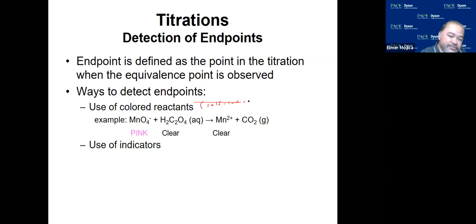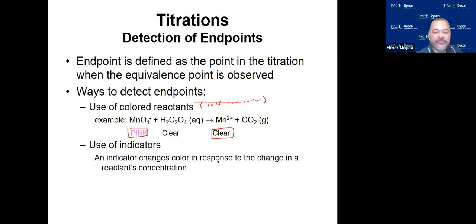On its own, it will change color. So if you have permanganate and you react it with oxalic acid, initially we have a pink color. You reach the endpoint when the pink color disappears, when it becomes clear. We also use an indicator, which changes color in response to the change in the reactant's concentration.